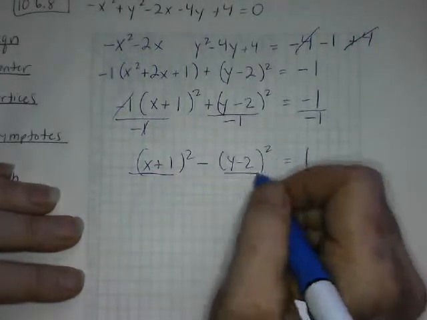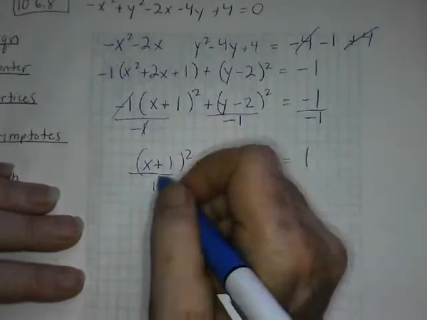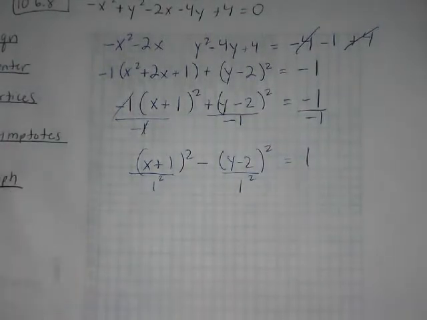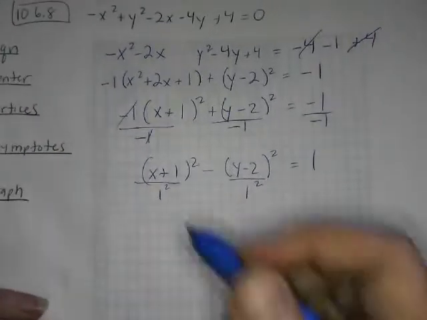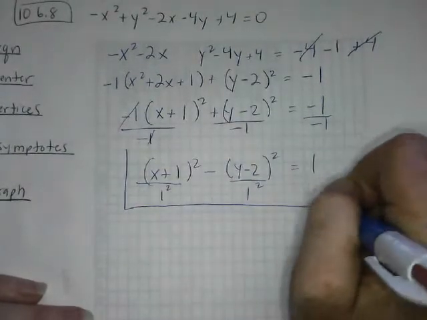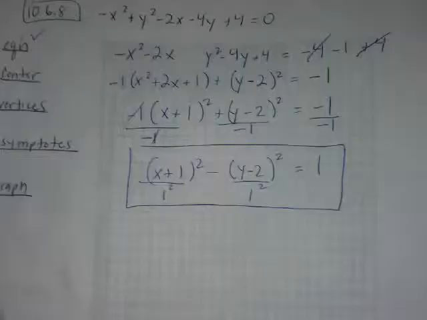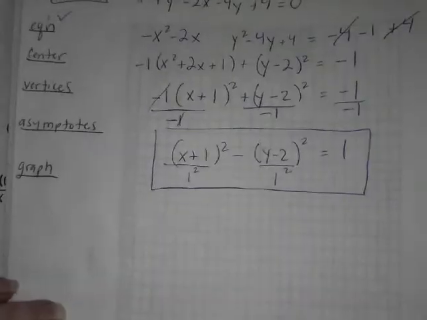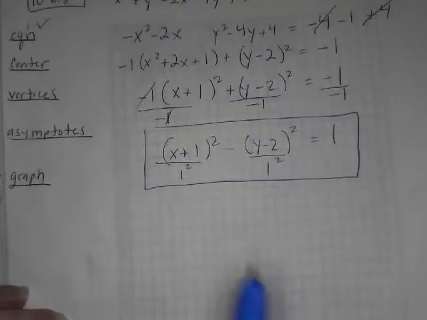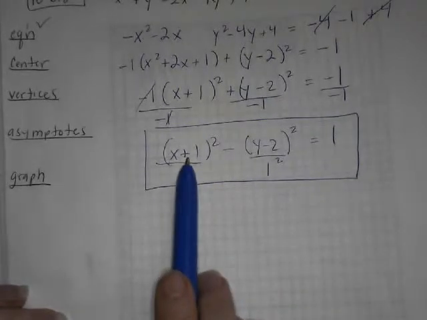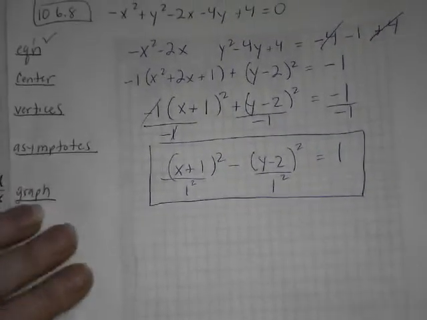Well, I need an a and a b, so a and b are both 1. Okay, so that's my equation. Okay, where is the center? Well, the center should be at -1, 2.